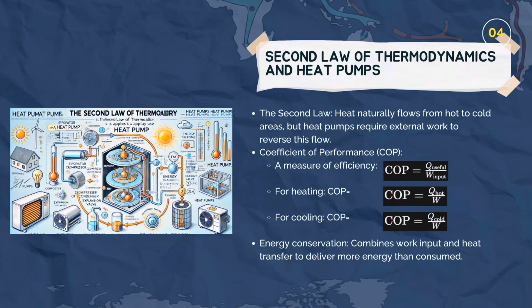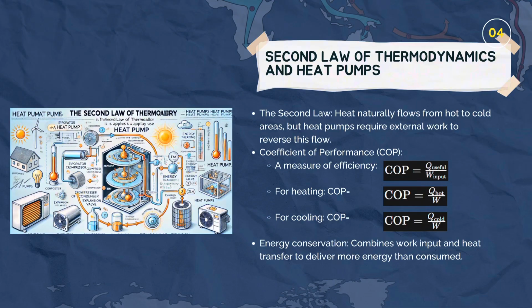Second law of thermodynamics and heat pumps. What is the second law? Heat naturally flows from hot to cold areas, but heat pumps require external work to reverse this flow. These are the formulas for the coefficients of performance, COP.